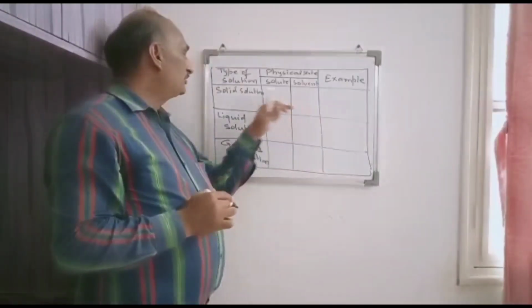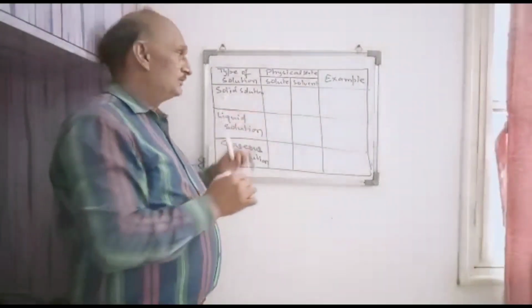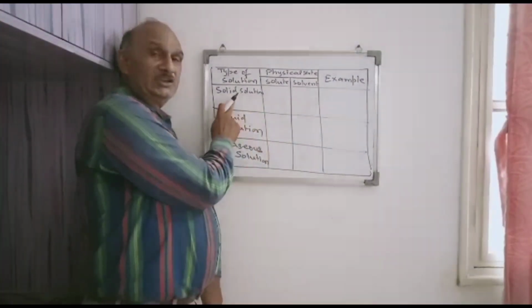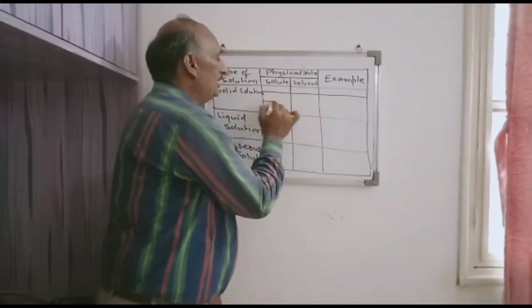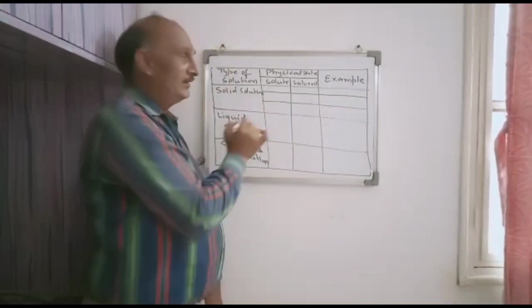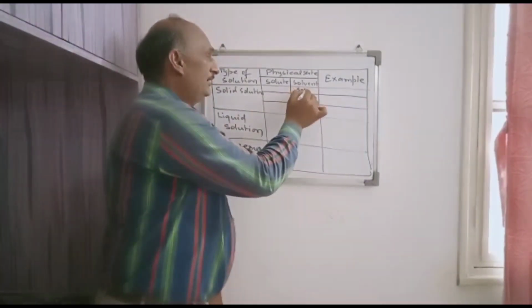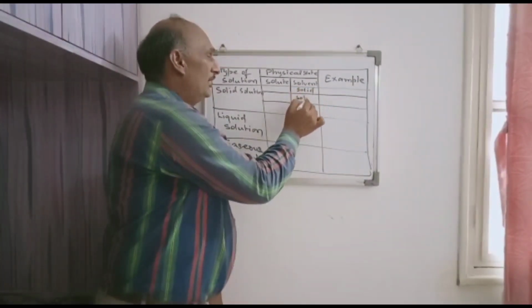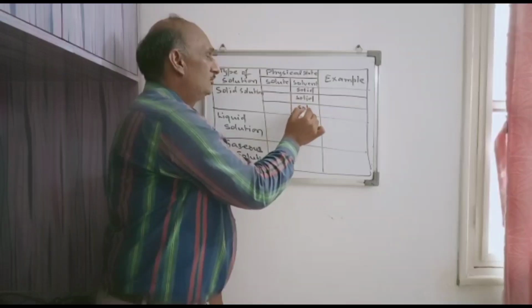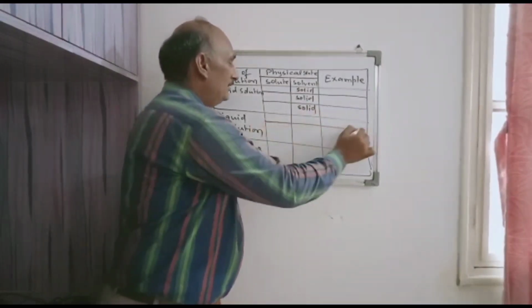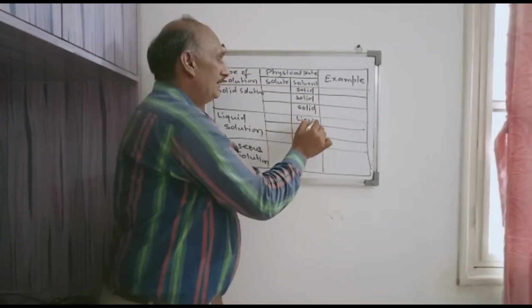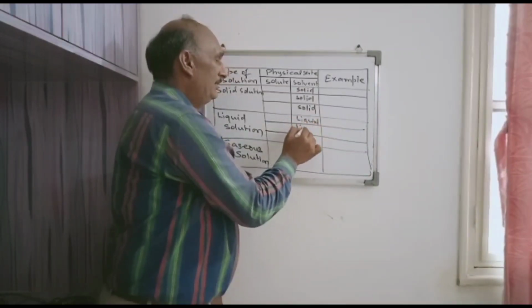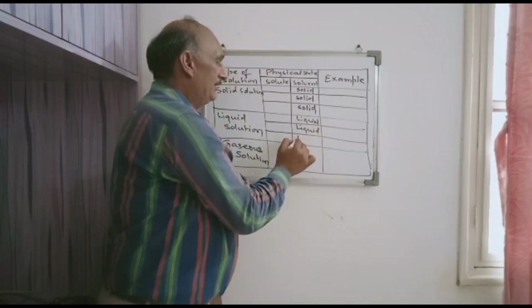The state of the solvent is equal to the state of the solution. If the solution is solid, then the solvent is solid. Solid, solid, solid. The solvent in liquid solutions is liquid, liquid and liquid.